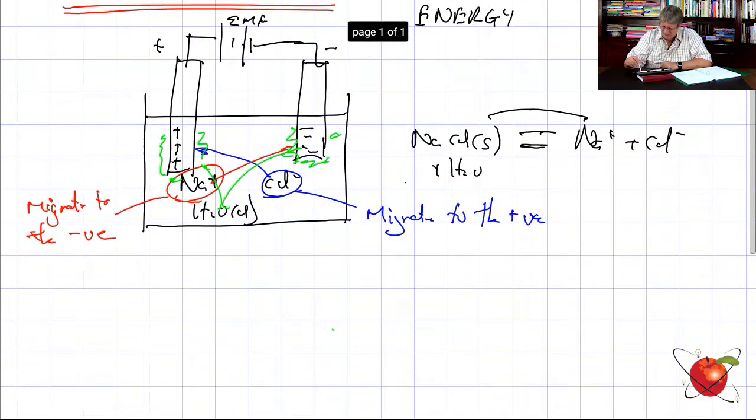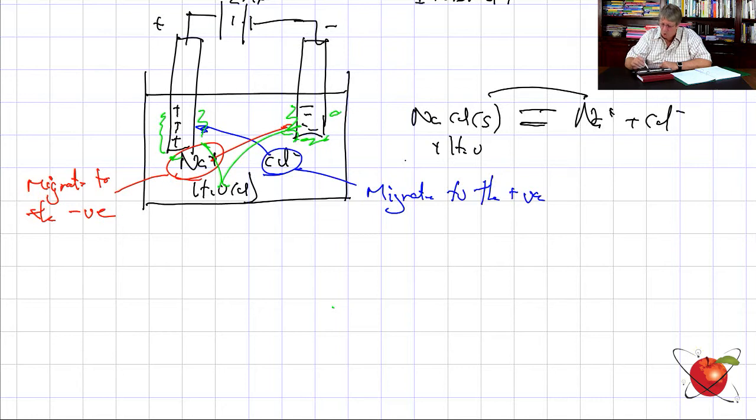Now we ask ourselves, what actually could happen? Well, we could have the sodium at this side. Let me do it under each one. Over here I could have the Na+, not plus 2, the Na+ gaining an electron, going to Na metal, solid.